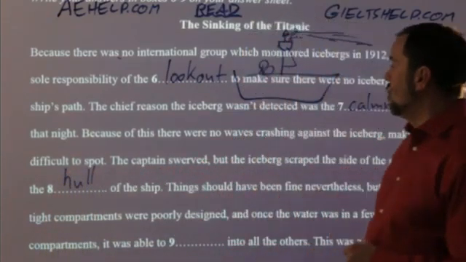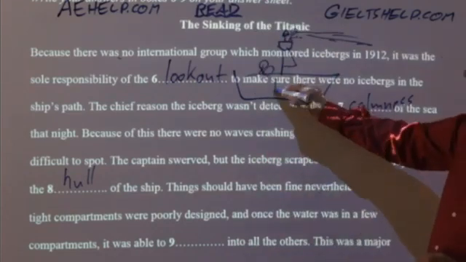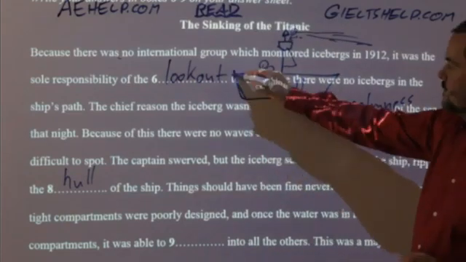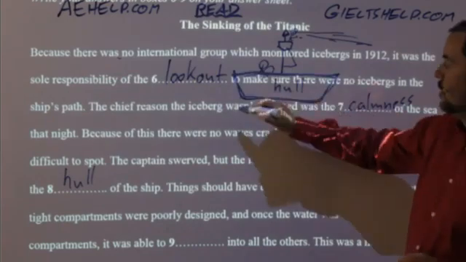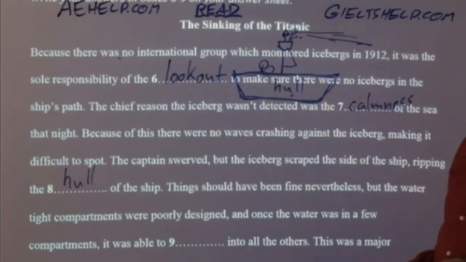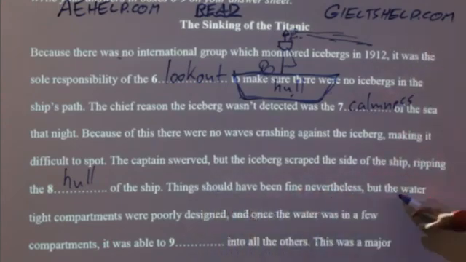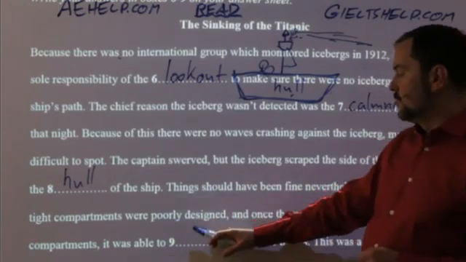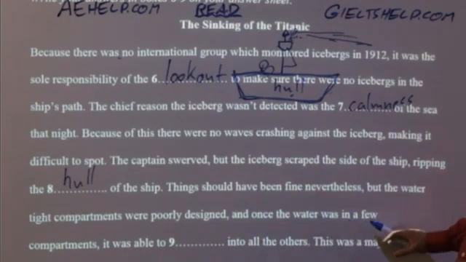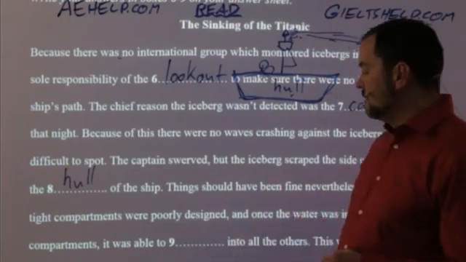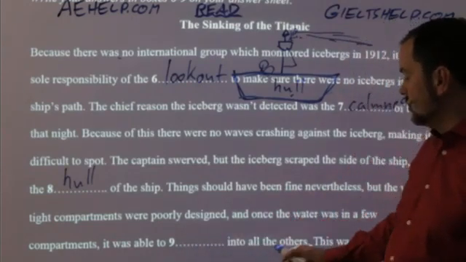So think about hull. This is the hull of the ship, the body of the boat. Things should have been fine nevertheless, but the watertight compartments were poorly designed, and once the water was in a few compartments, it was able to something into all the others.